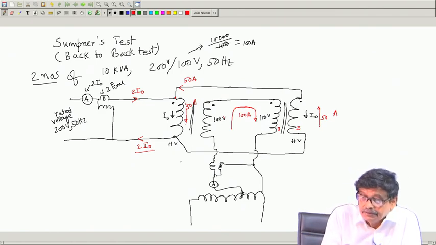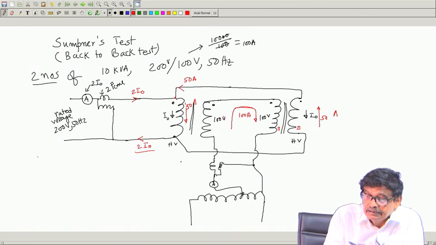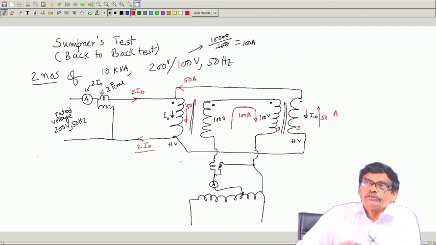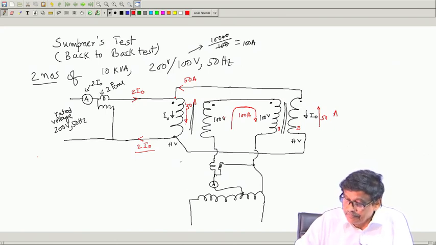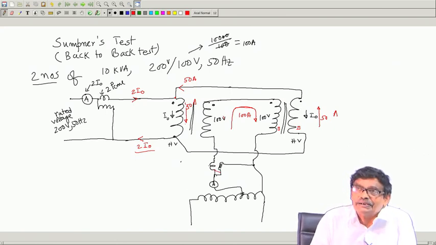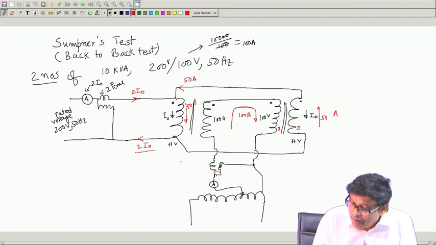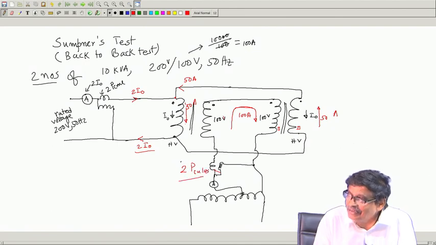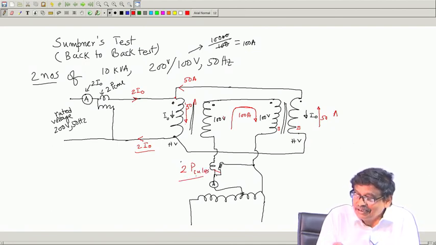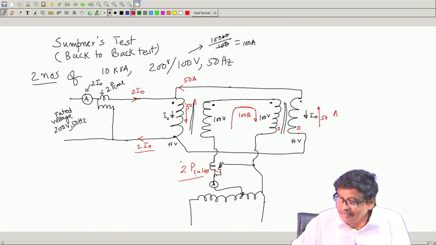This wattmeter draws supply from this supply, which is equal to 2 times the core loss of individual transformers. This wattmeter will record what? Only the copper loss, 2 times the full load copper loss, is it not? Because this current, equivalent resistance, this that.